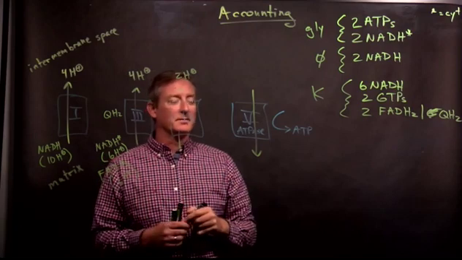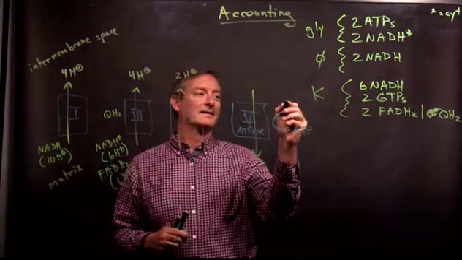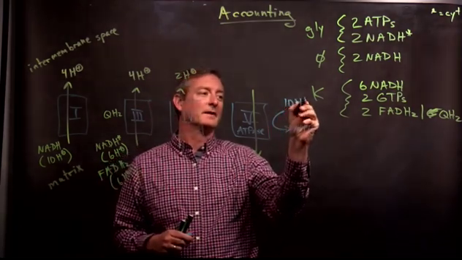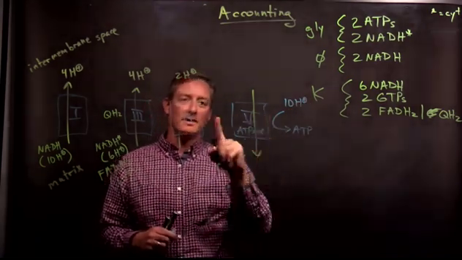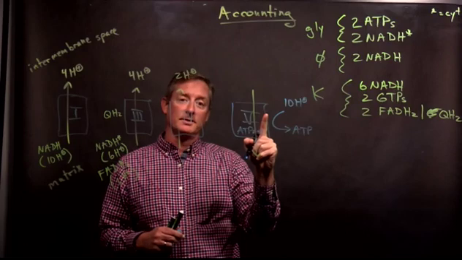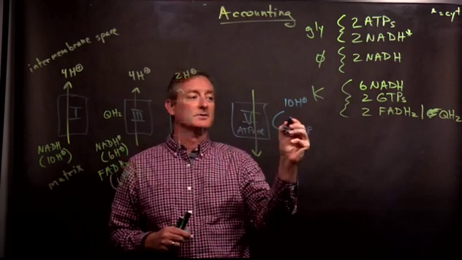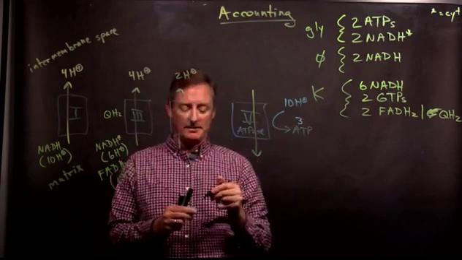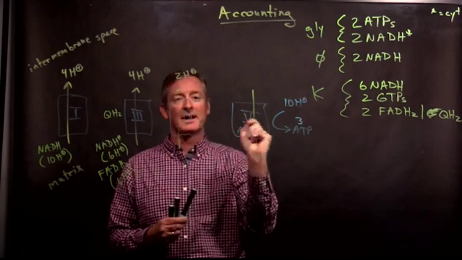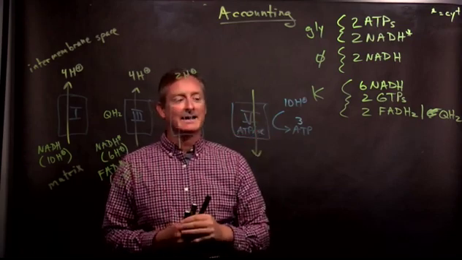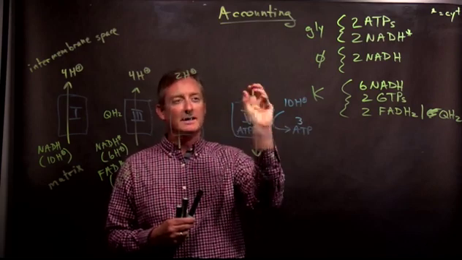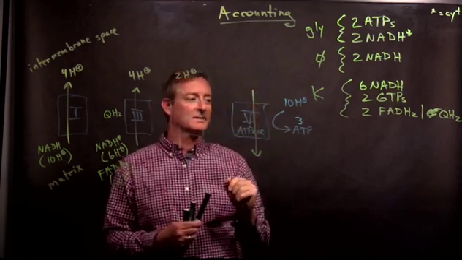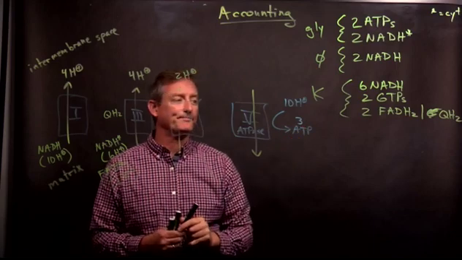But for our accounting purposes, we're going to say that it takes about 10 protons to turn this ATPase one complete rotation. And one rotation generates 3 ATPs because there are 3 separate catalytic subunits in an ATPase, and if we rotate it around once, each of those catalytic subunits has the ability to make an ATP.